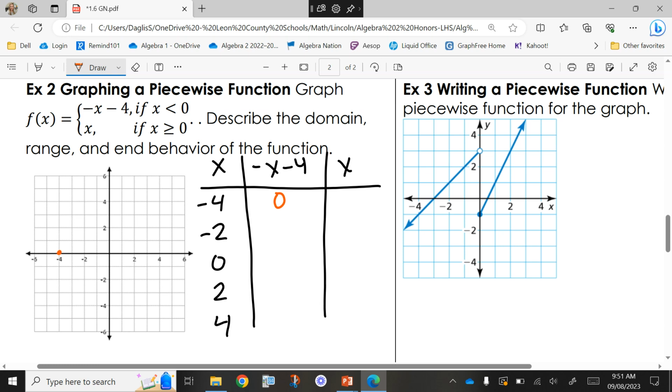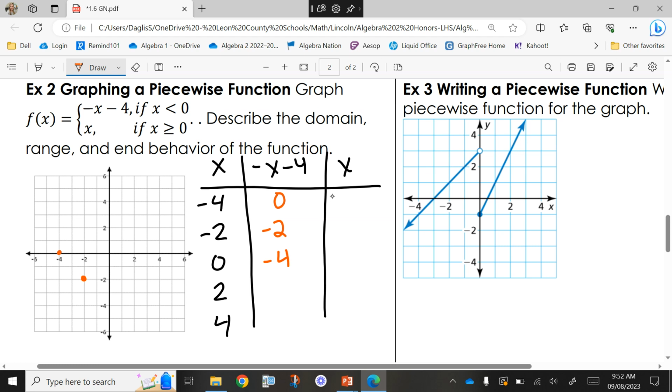All right, let's plug in -2. What is -(-2)? And what is +2 minus 4? -2. All right, what is -0? 0. What is 0 minus 4? -4.